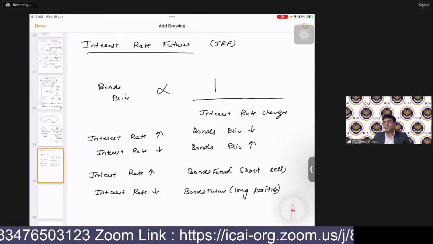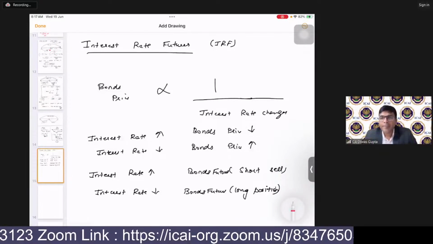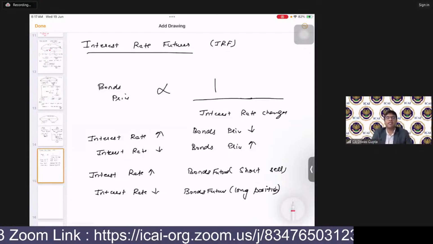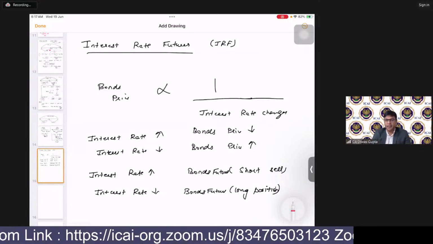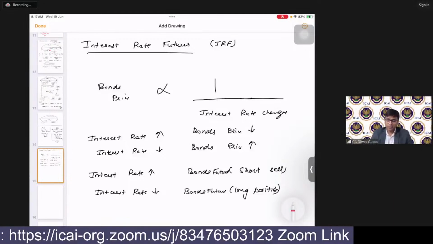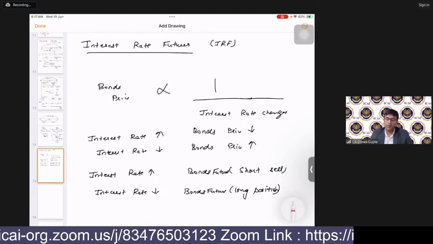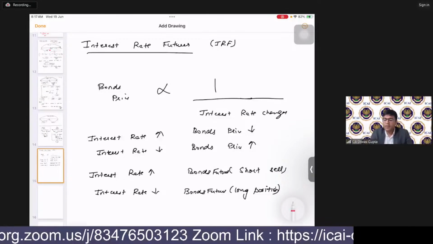Let's come to interest rate futures, students. Now let's come to the modern ways of hedging the interest rate risk. So interest rate futures, students, correct.